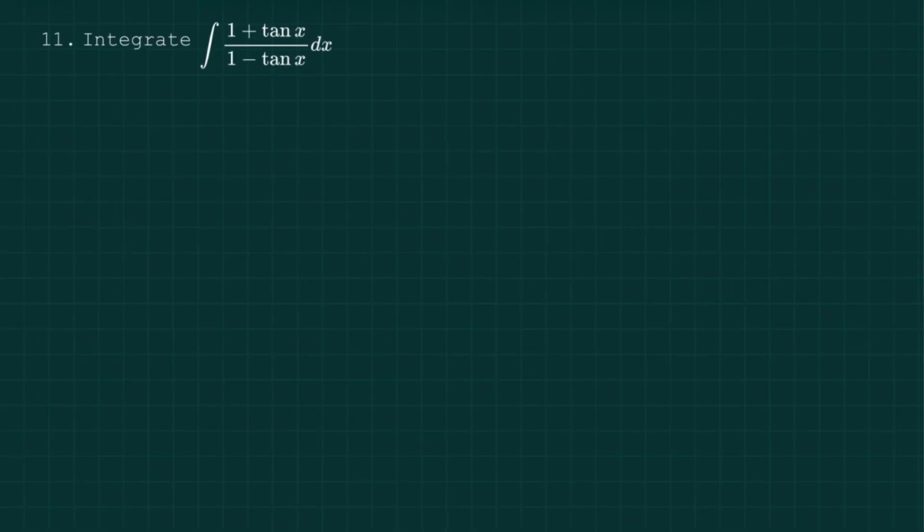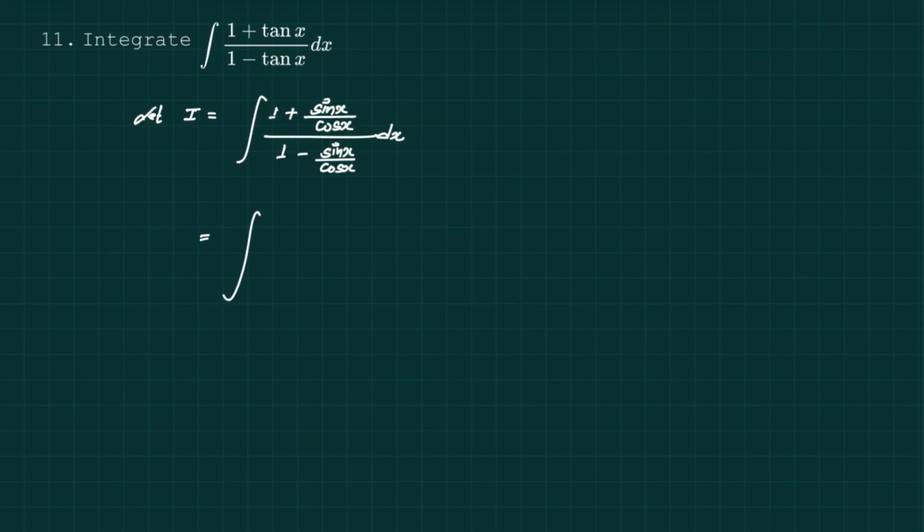Question 11. Integrate 1 plus tan x over 1 minus tan x. So before assuming anything, here we will write tan x as sin x over cos x, and let us simplify a little bit.